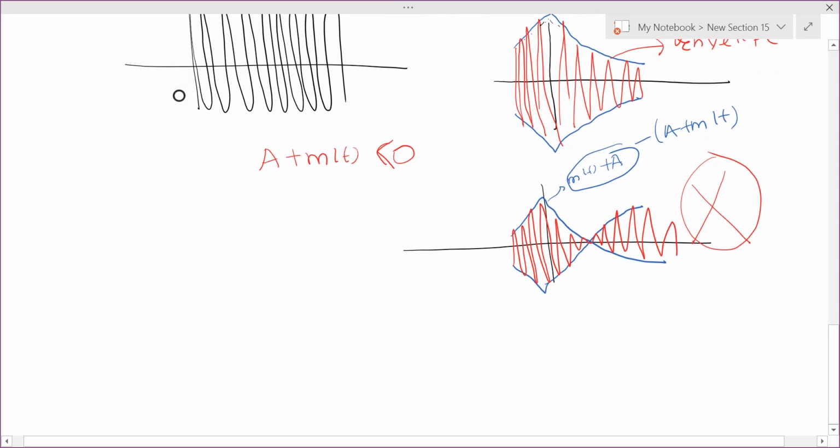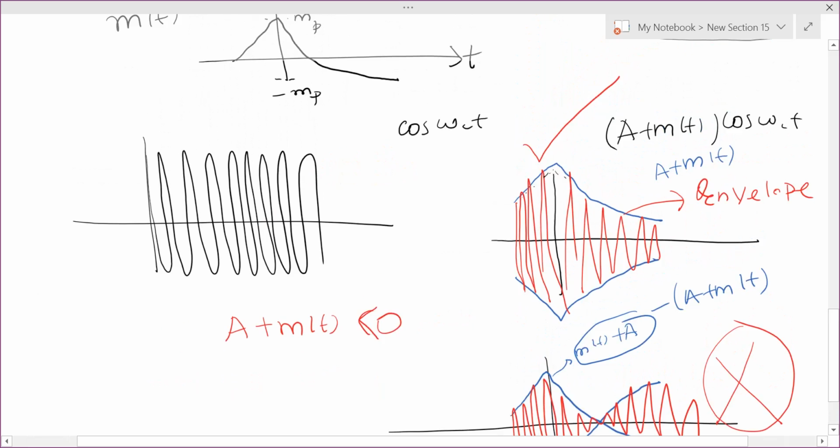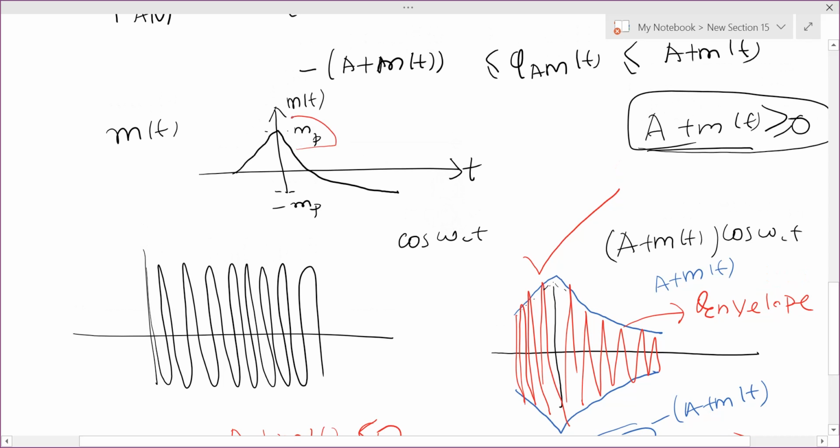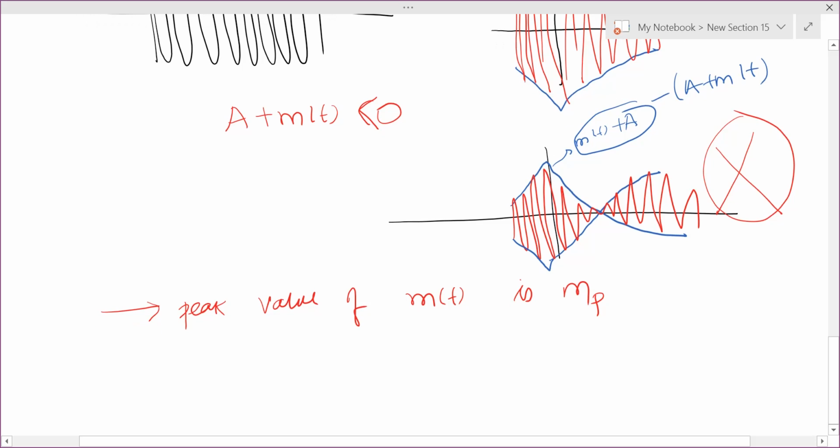Now, we know that the peak value of the message signal is mp. We write like this. Go back to this. This is mp, minus mp. The value of the message signal varies between minus mp and mp.